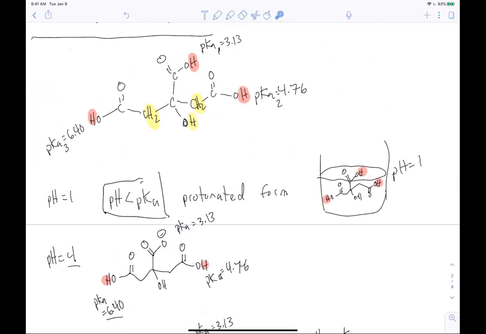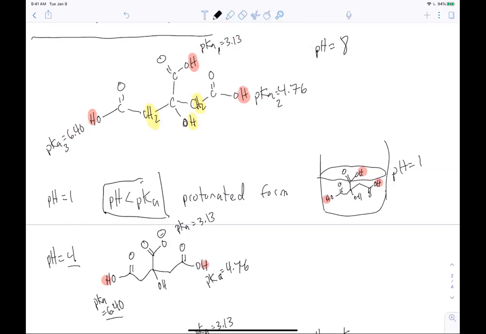We could say, given the pKa's of all of these different protons, which of these are going to be protonated at a pH of 2? You'd say, okay, pH equals 2. I need to compare that to my pKa's. 2 is less than 3.13, less than 4.76, and less than 6.4. Since it's less than all the pKa's, all of these are going to be protonated. On the other end, if the pH is equal to 8, they're all going to be deprotonated.